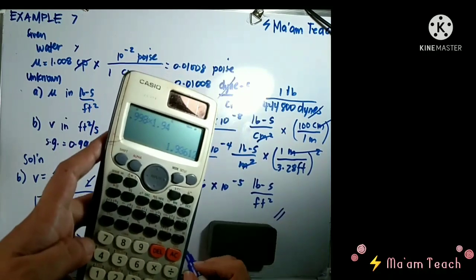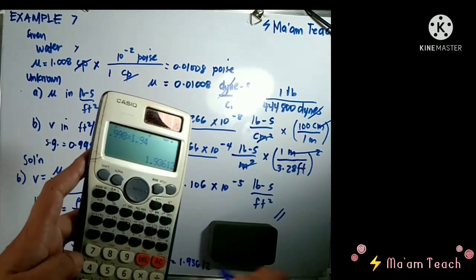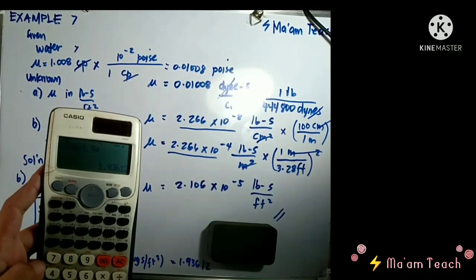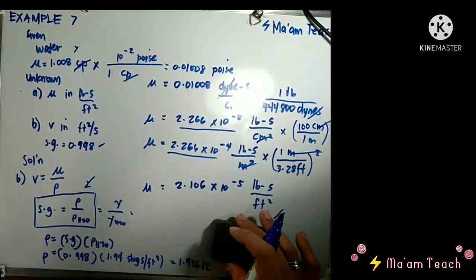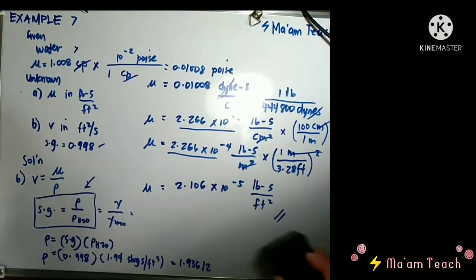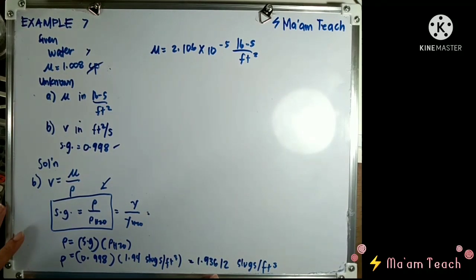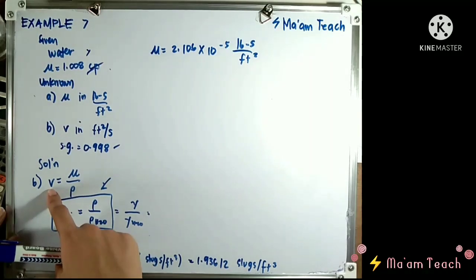So we have 1.93612. And that is the value that we will be substituting in our formula. So this value of density, class, we will substitute to this formula to solve for the kinematic viscosity.